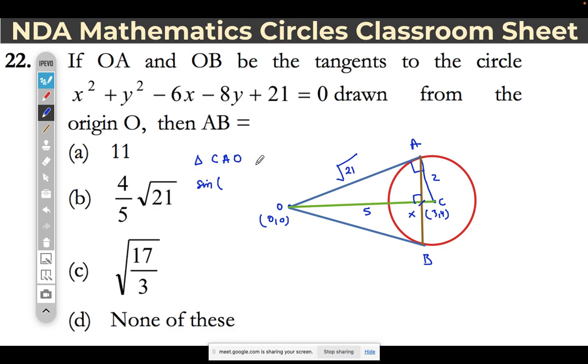In triangle CAO, sine of angle O is opposite upon hypotenuse. Yes or no? Equation number 1. Similarly, in triangle AXO, the same sine of angle O will be 2 by 5, which is AX upon root 21.